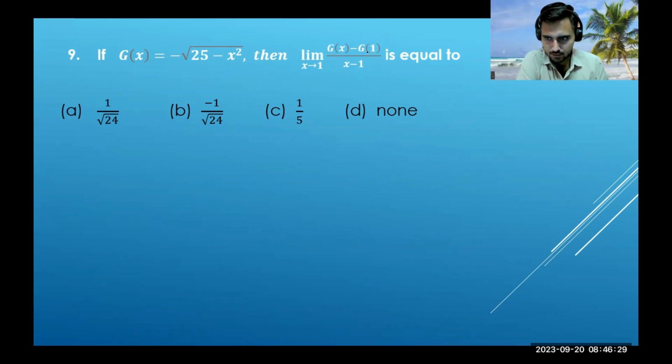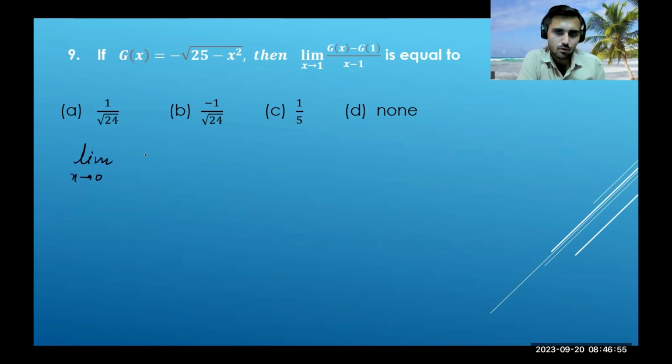So g of 1 minus g of 1 is 0, and upon 1 minus 1, which is also 0. So we have the form 0 upon 0, and it's a totally indeterminate form, right? So when we have an indeterminate form 0 upon 0, we'll apply L'Hospital.